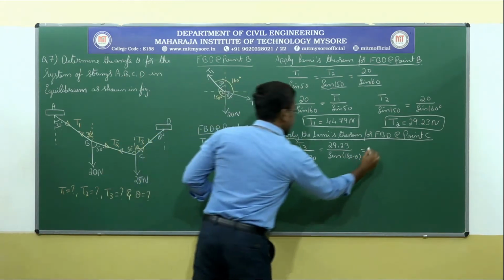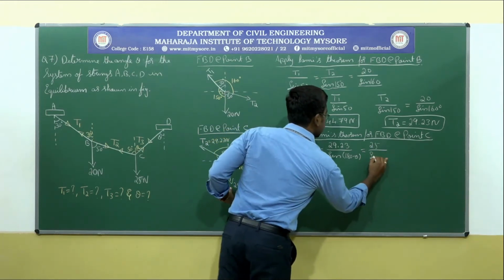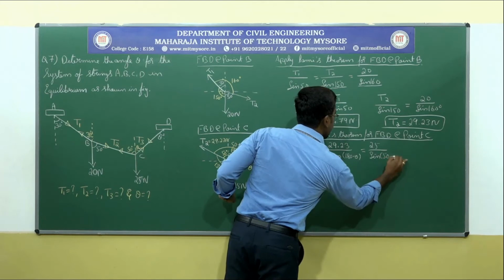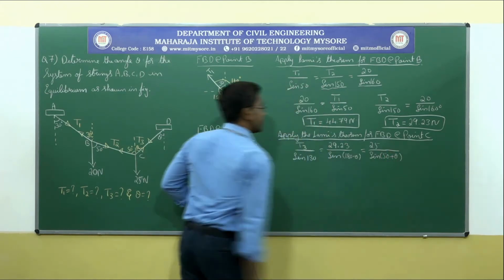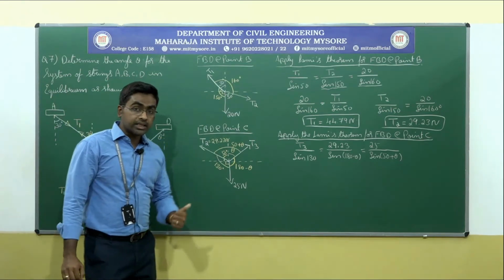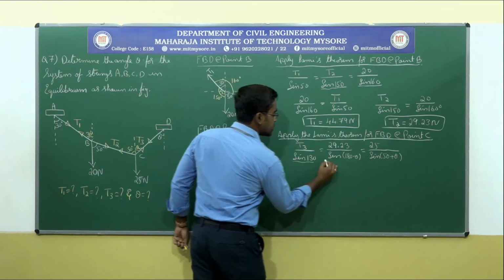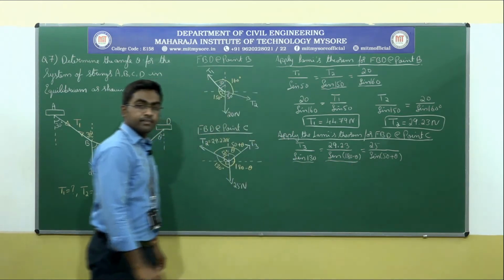Next, 25 is proportional to sine of 50 plus theta, right? So let me equate two terms at a time. So I am going to equate these two terms, right?